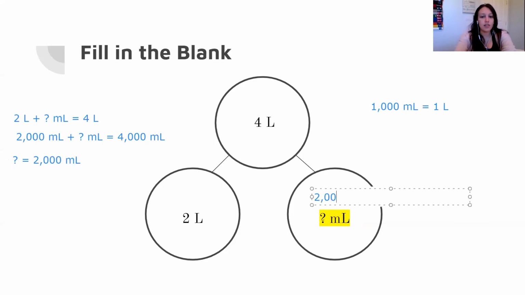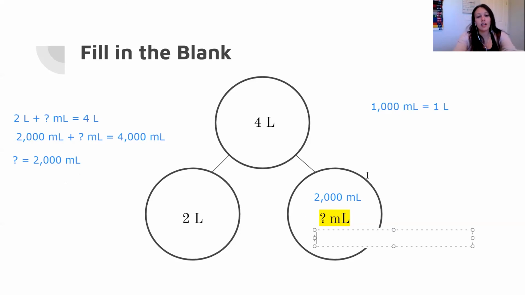I'm going to type in 2,000 milliliters in our text box. Now, if we're looking at this though, I asked for this in milliliters, but let's think about if I had asked for this in liters. If I asked for this in liters, we see we have our answer 2,000 milliliters. Well, we know that 1,000 milliliters is equivalent to 1 liter. So if we divide 2,000 by 1,000, we would get an answer of 2, right?